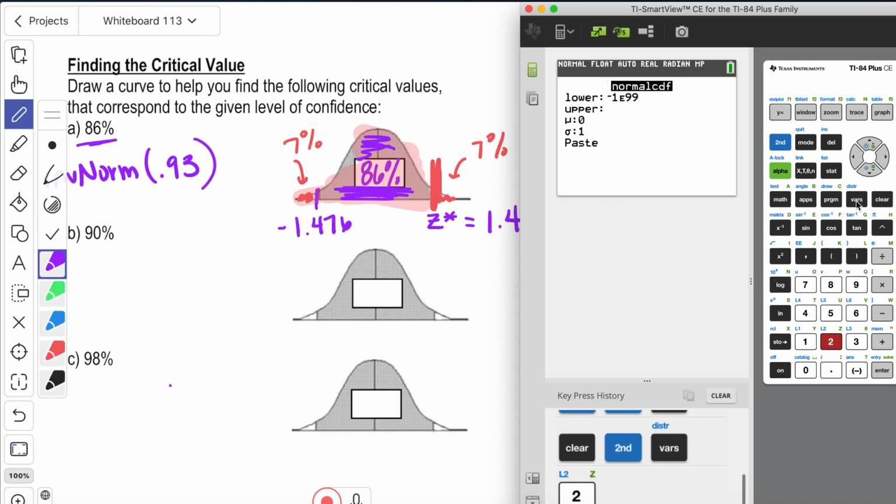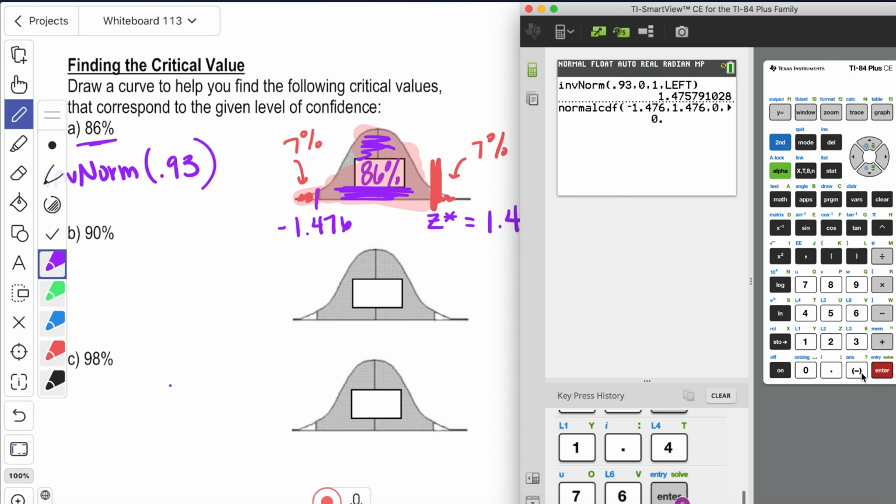The lower bound here would be negative 1.476. And the upper bound here is positive 1.476. Mean 0, standard deviation 1, because we're still talking about normal scores or z-scores. When I paste this in, if you notice here, look at the area. The area is 86%.